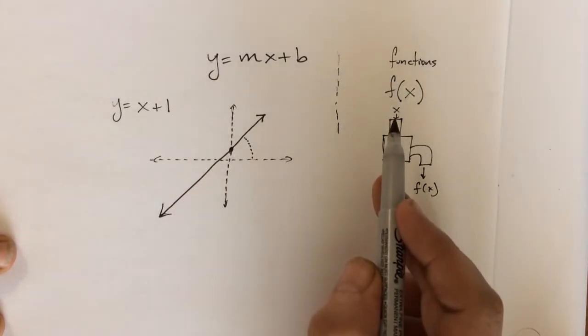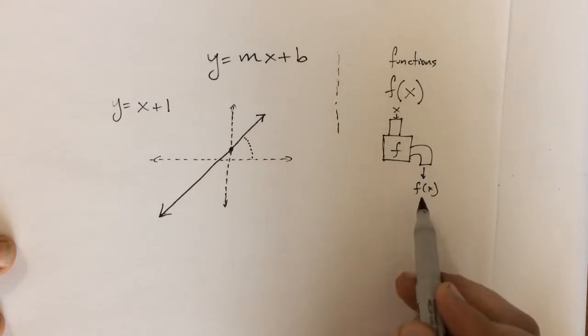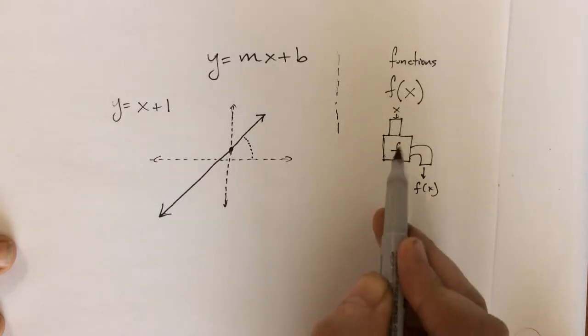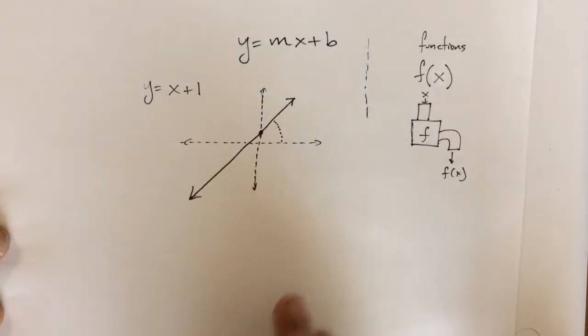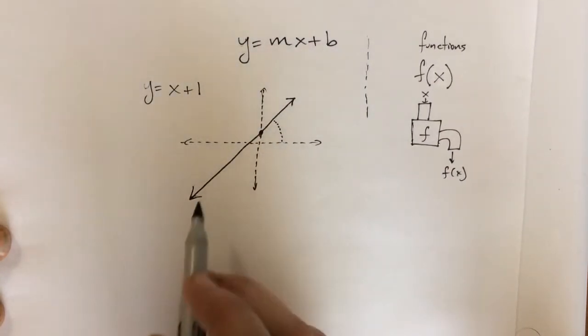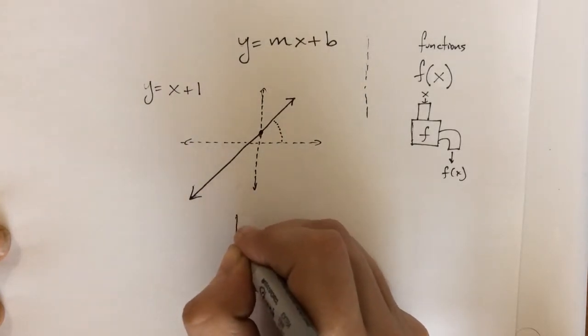So x is the thing that goes into the function, f of x is the thing that comes out of the function, but it's also an expression for the name of the function. So the function that is really interesting with respect to lines and angles is called the tangent function.